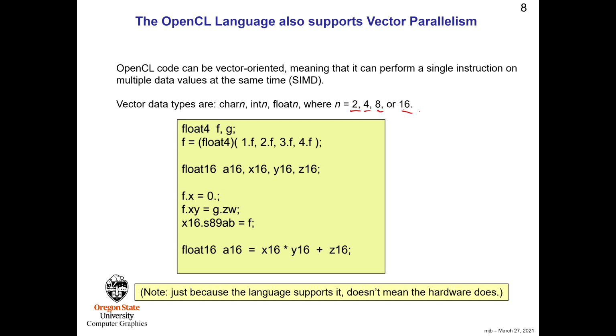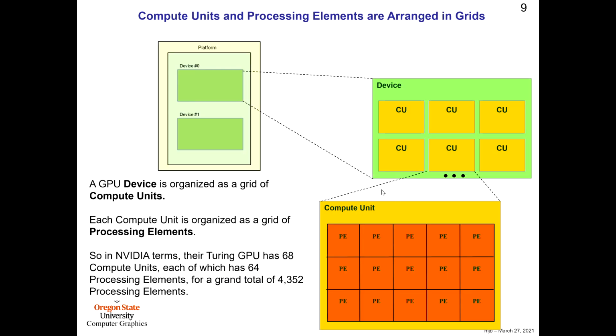Now, that doesn't necessarily mean hardware supports it. The language supports it, and if the hardware doesn't support it, it just does it as scalar. And in fact, that's what NVIDIA does. NVIDIA doesn't have SIMD hardware, but the language supports it. And so if nothing else, I like using it because I think it makes the code clearer. I'll show you an example of that later on in this note set.